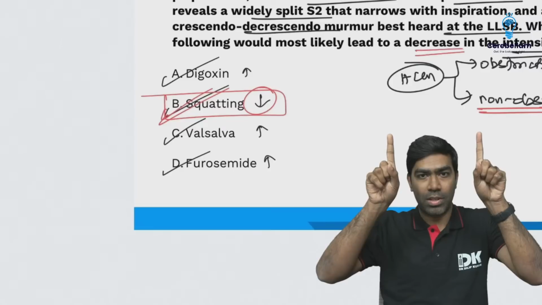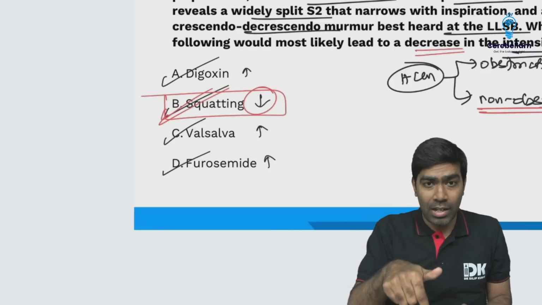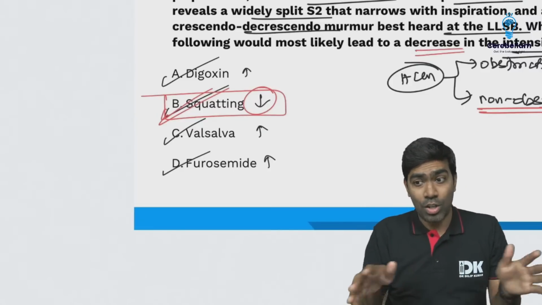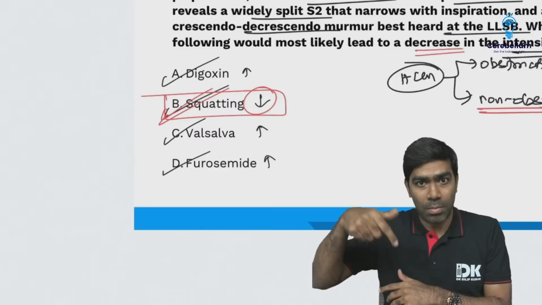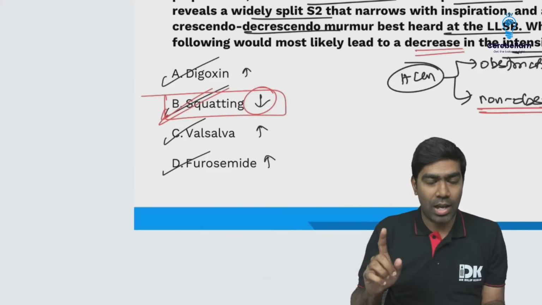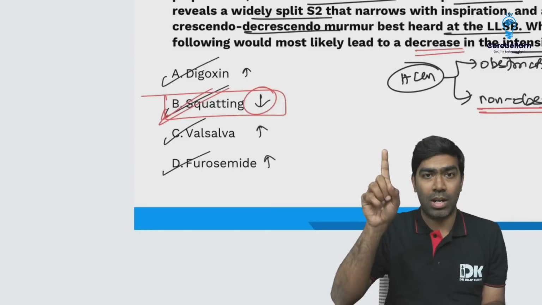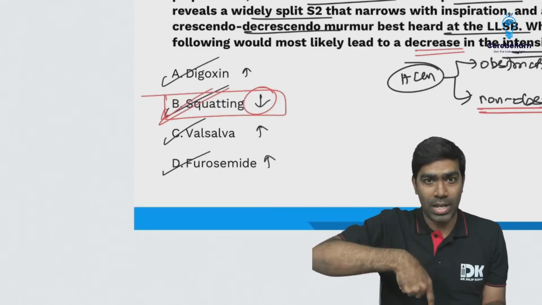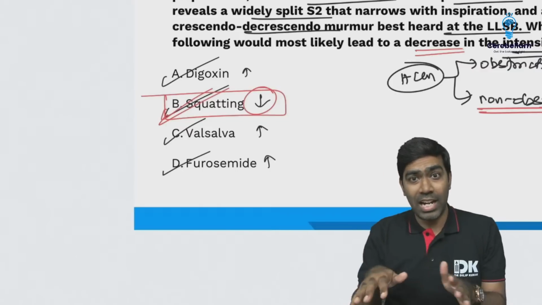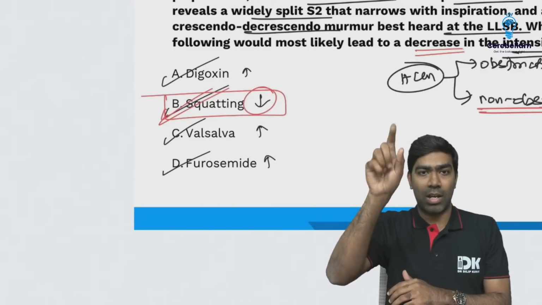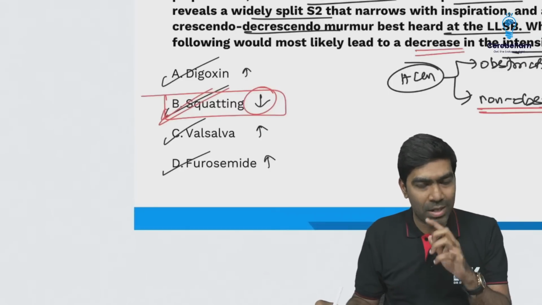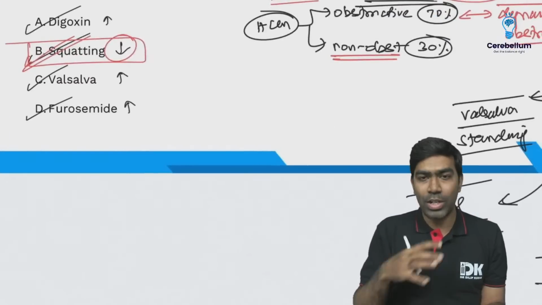If you want to raise the leg, you have to lie down. Down, murmur will go down. Valhalla, heaven, murmur will increase. Squatting, lie down, leg raising, so decrease. Valhalla, murmur will increase. So that's how you can remember. Pretty much easy. That's all.